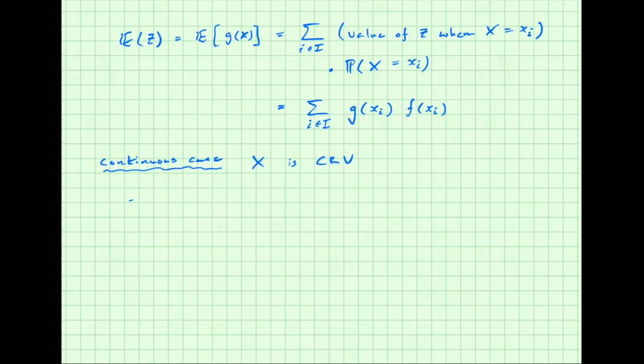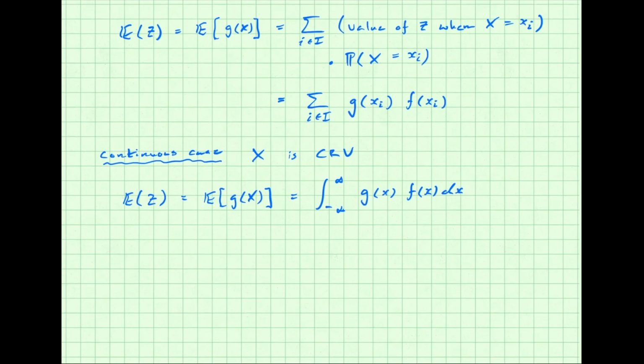And then the expected value of z, also called the expected value of g of x, is going to be an integral from minus infinity to infinity, with the same form: g evaluated at x, times the infinitesimal probability for this little range, f of x dx.